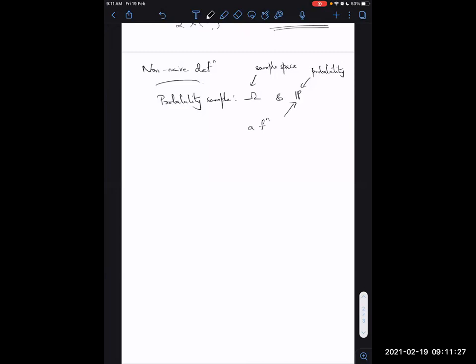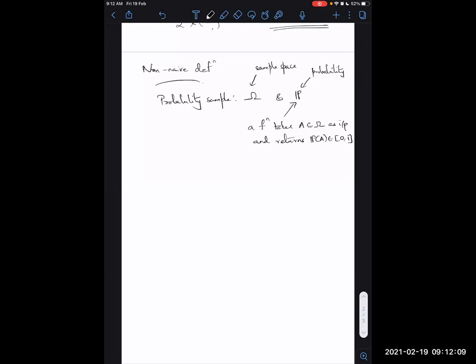So this P is a function here which takes A, which is an event, which is a subset of the sample space, as input. And this function returns a value between 0 and 1, 0 and 1 included in this range. So P is just a function which takes events as inputs. Events are just subsets of the sample space, and then returns a number between 0 and 1. So that will form the probability space for us.